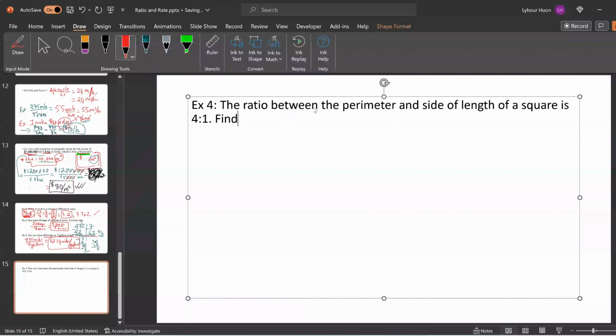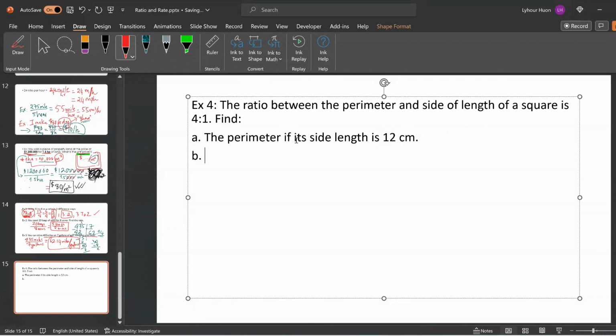A, find the perimeter if its side length is 12 centimeters.